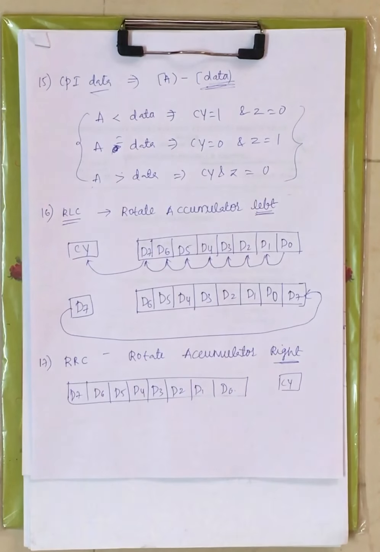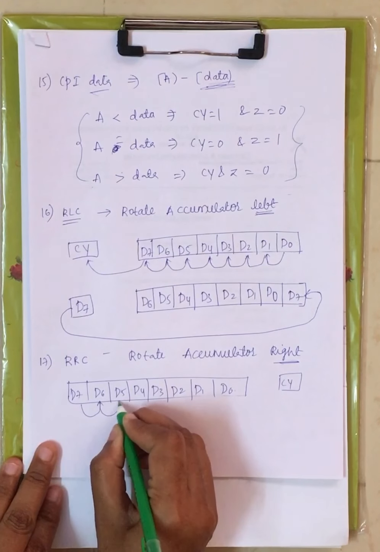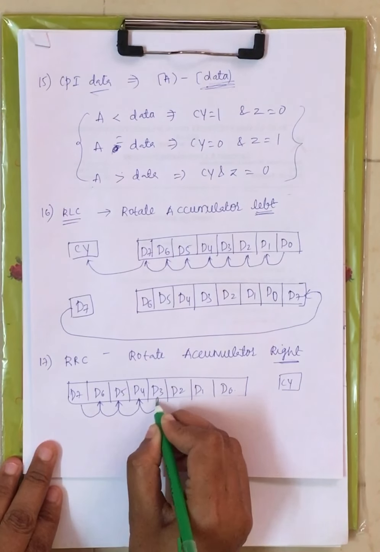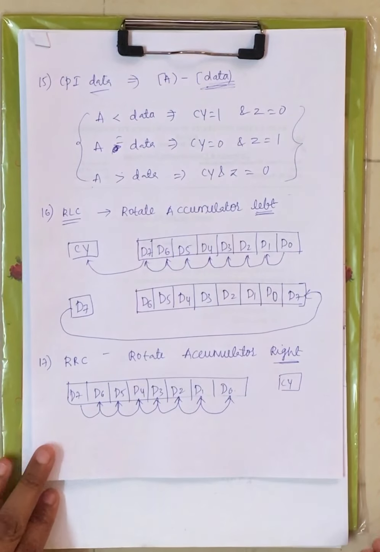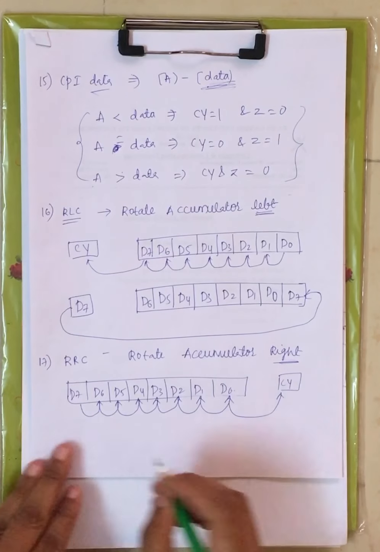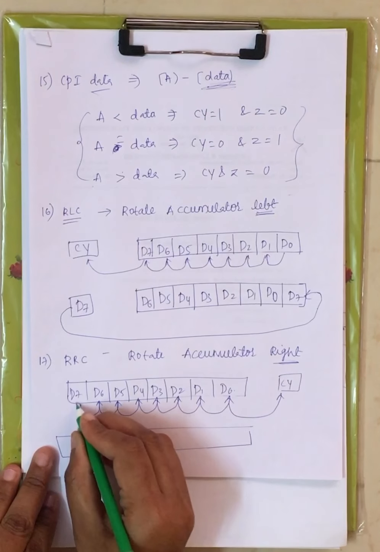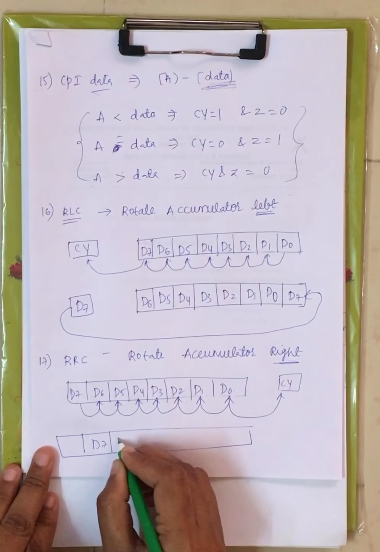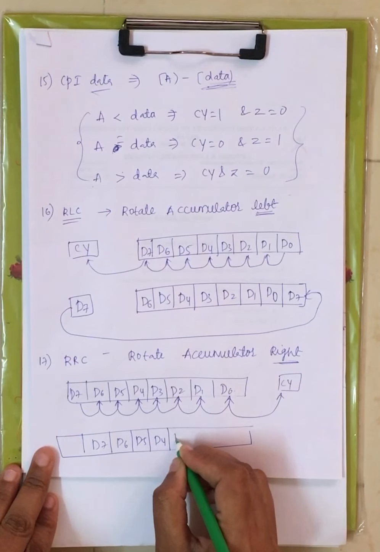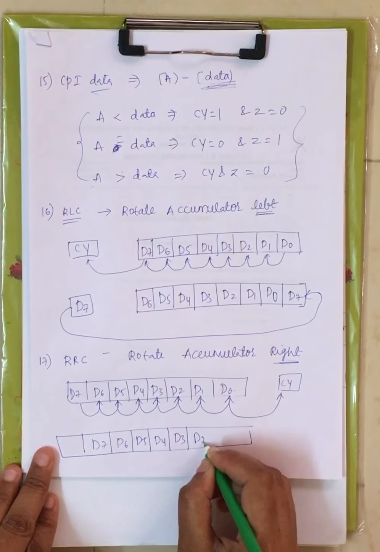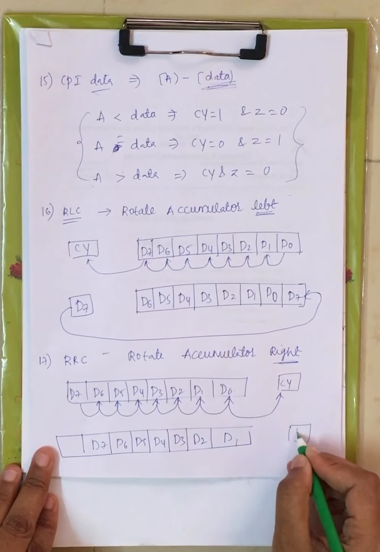Now each bit is shifted to the adjacent right position. D7 is shifted to D6, D6 to D5, D5 to D4, D4 to D3, D3 to D2, D2 to D1, D1 to D0, and D0 to the carry flag, right? Now I will represent it here again: D6 is replaced by D7, D5 by D6, D4 by D5, D3 by D4, D2 by D3, D1 by D2, D0 by D1 and the carry flag by D0.